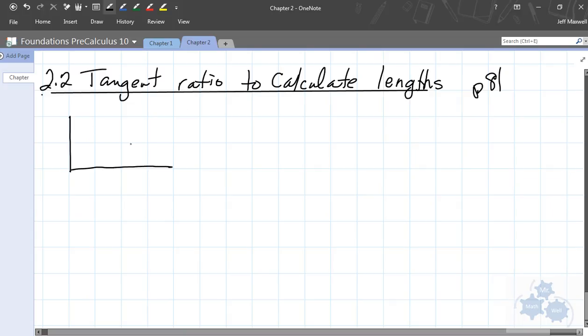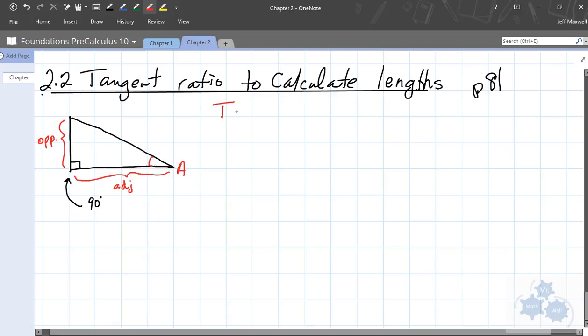If I have a right triangle, and remember the tangent ratio only applies to right triangles, that's a triangle that has a 90-degree angle, right? That's a right triangle. If we're talking about one of the angles, let's call this angle A, the tangent ratio for A is the ratio of the opposite side, this side right here, divided by the length of the adjacent side right here.